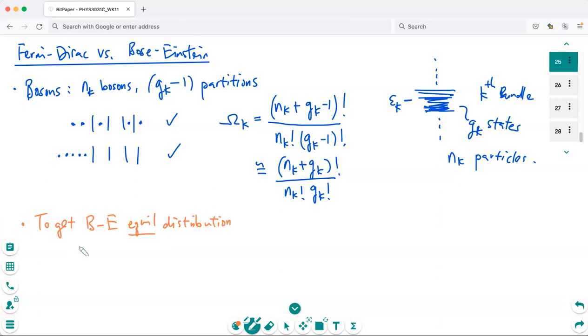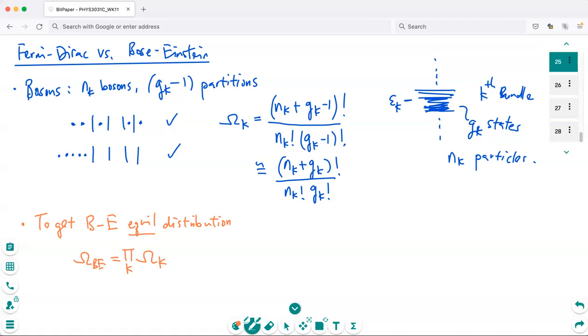We need to maximize the log of this omega, which is related to the omega of the k-th bundle by this expression. This is the question I asked you last time. It comes back again. Half of you say sum, half of you say product. Now the answer is product. I hope you spend time to think about why this is a product.